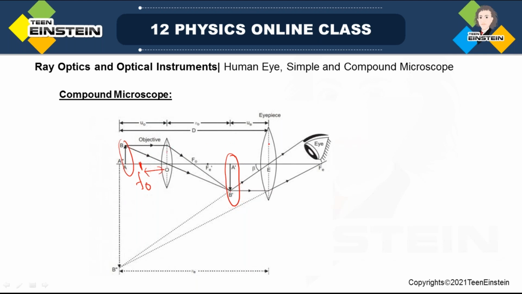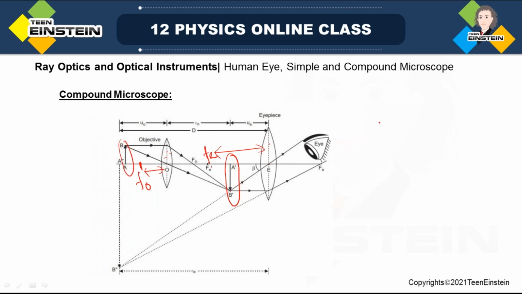The distance between these two lenses is kept in such a way that the image formed by the objective lens lies between the optical center and the focal length of the eyepiece. This is the FE here.